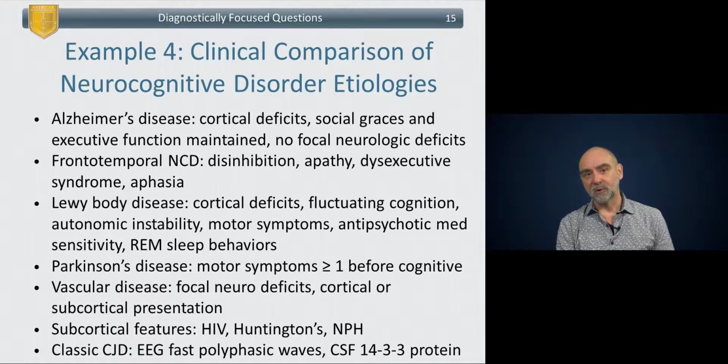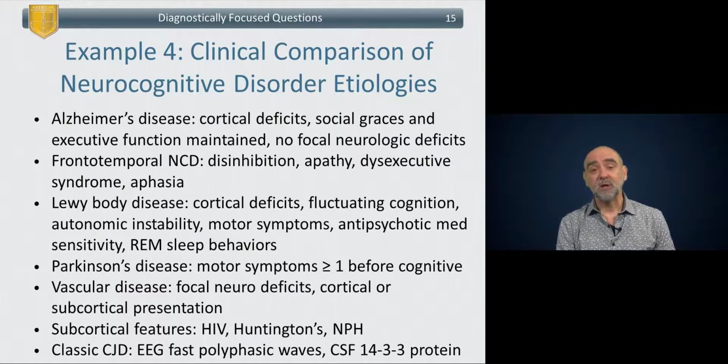So those are very closely related. Neurocognitive disorder with Lewy bodies and neurocognitive disorder with Parkinson's disease really are on the same spectrum. They're both Lewy body diseases. It's just the order in which the motor symptoms and cognitive symptoms occur.